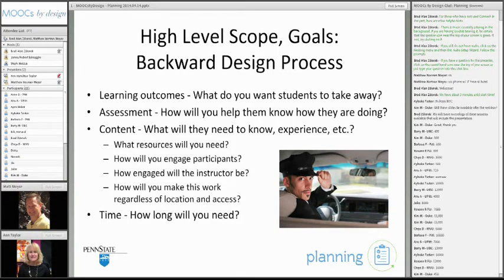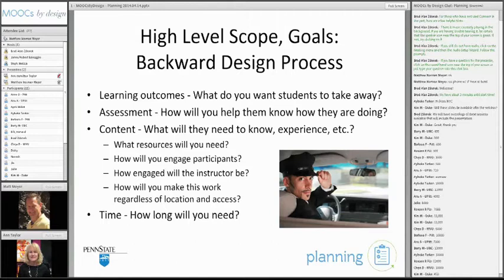At that point, then, we were ready to focus on the content of the MOOC. What is it that the students are going to need to know or have experienced or practiced in order to successfully do that by the end of the MOOC? And from there, we could back up. That helps us figure out what resources we're going to need. We talk about how we're going to be able to engage participants throughout the process, and it's necessary to know how engaged the instructor is going to want to be.